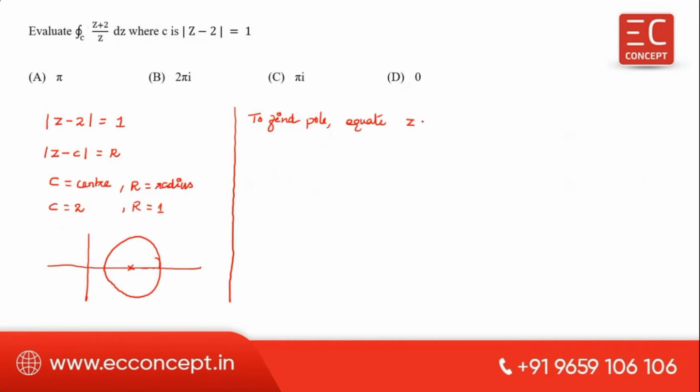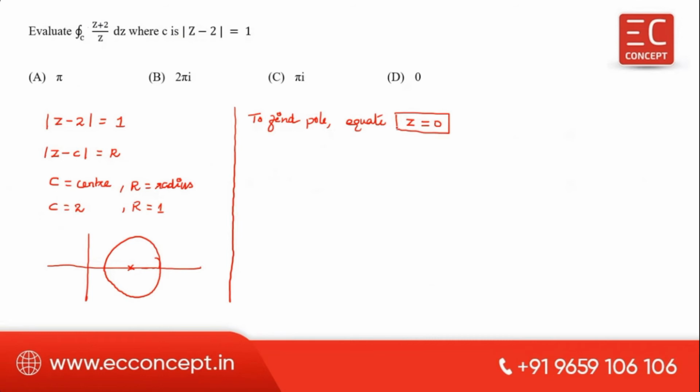This Z is equal to 0. Yes or no? This denominator you have to equate to 0 so that you will get a pole. Now you got Z is equal to 0.